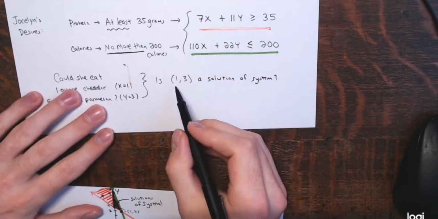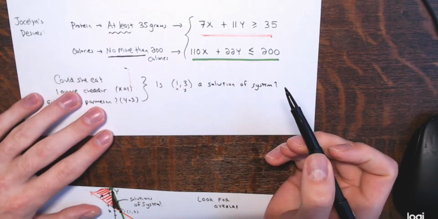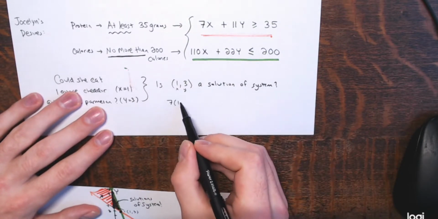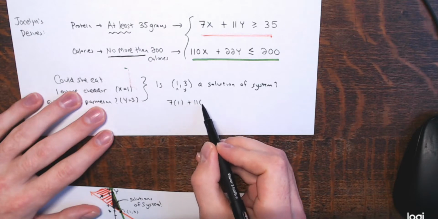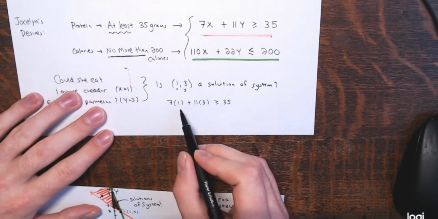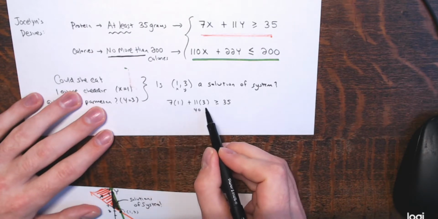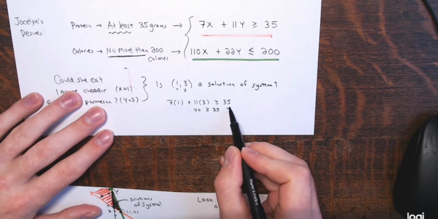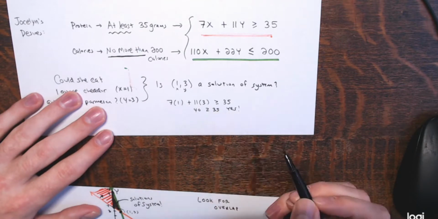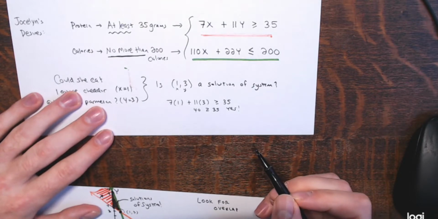Plug in 1 for x and 3 for y, and you'll see that both inequalities are satisfied. 7 times 1 plus 11 times 3, is that greater than or equal to 35? Well, yeah, that's 33 plus 7, that's 40 on the left side. Is that greater than or equal to 35? Yes. But that's not enough. Remember, a solution of a system has to satisfy everything in the system.